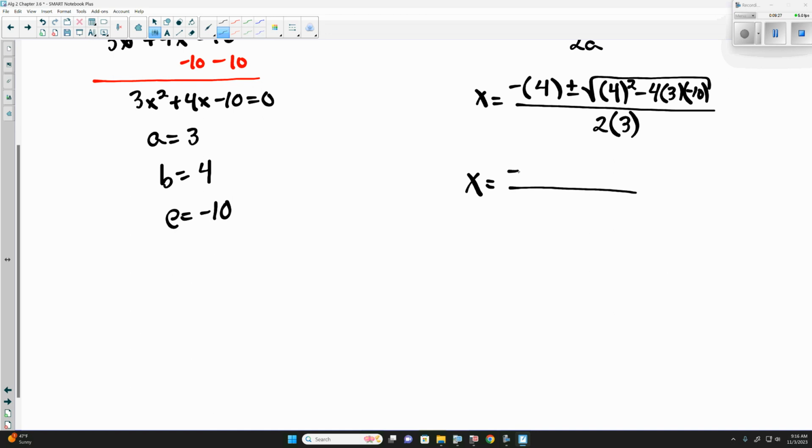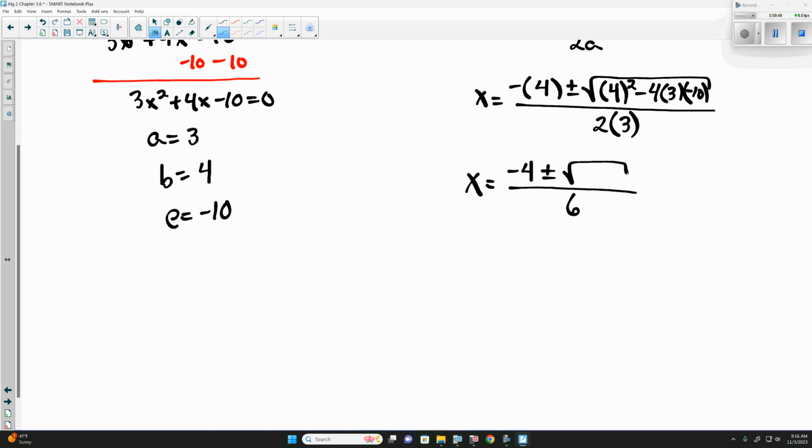So we have negative 4, plus or minus. Well, the other easy one that we can do is 2 times 3, which is 6. And again, this is something I do even when I solve these.